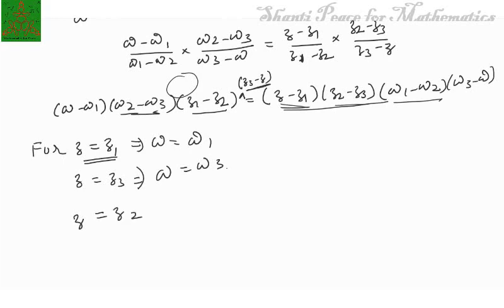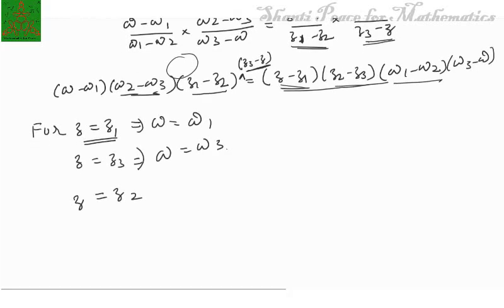So what we'll have to do with Z equal to Z2, we'll start with this, and if Z is equal to Z2, what we can have on this side is that this term will get cancelled out, and this is also cancelled out.